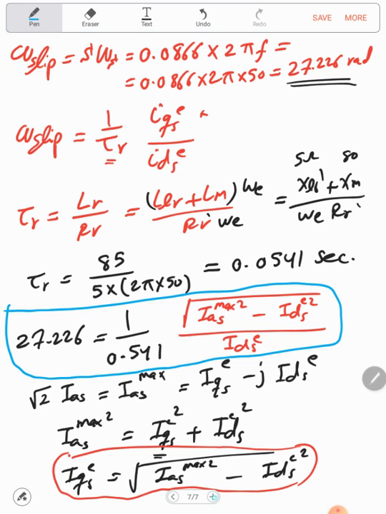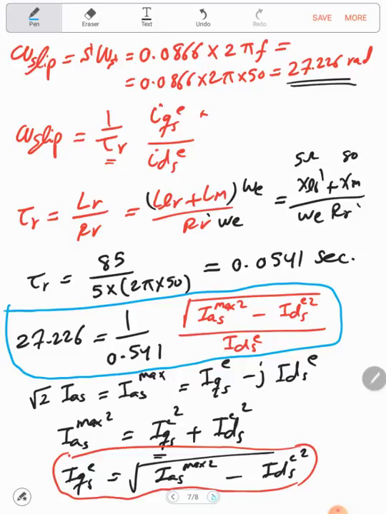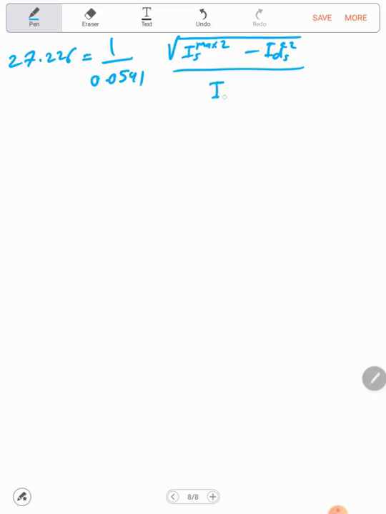Now, if we need to solve it, I will rewrite it here. So we end up with 27.226 equal to 1 over 0.0541. Here we have the square root of the IS max square minus IDSE squared over IDSE.